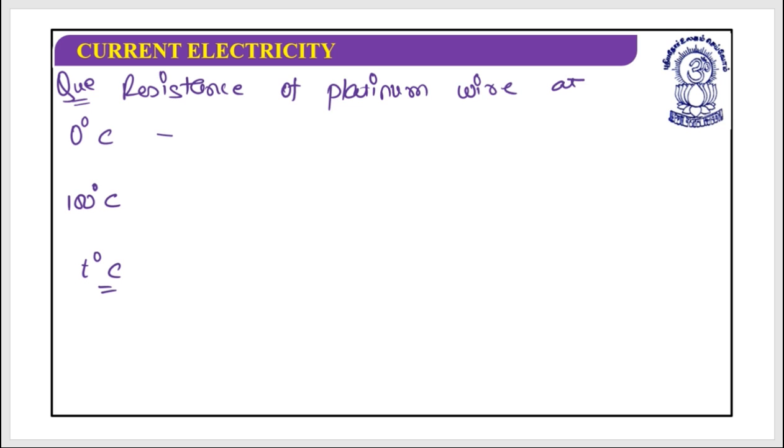At 0 degree Celsius it is 5 ohm, at 100 degree Celsius it is 5.5 ohm, and at T degree Celsius it is 5.2 ohm respectively.